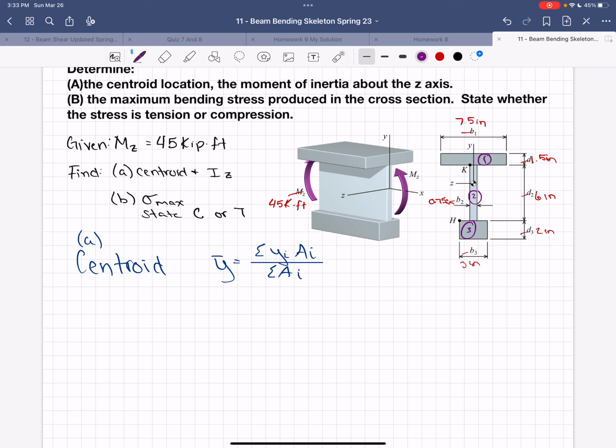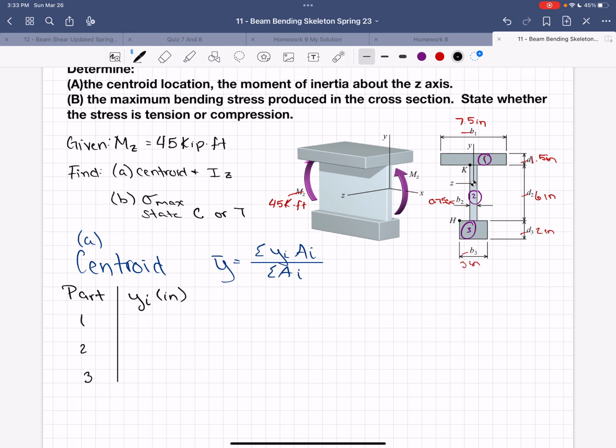Okay, so then we make our table. First column, part number. Second column, the centroid. So we have 1, 2, and 3. Then we need the centroid of each part.